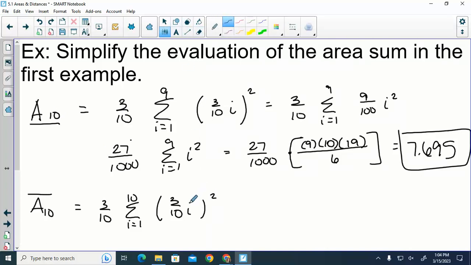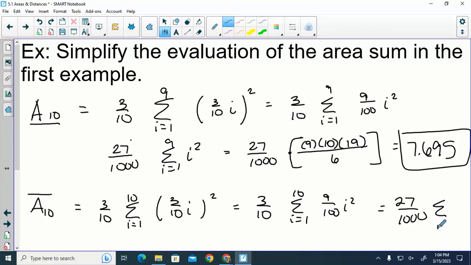So 3/10 I all squared. So we did 27/1000. Sum from 1 to 10 of I squared.